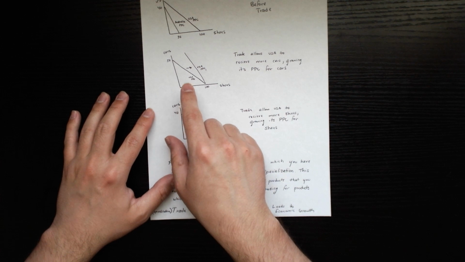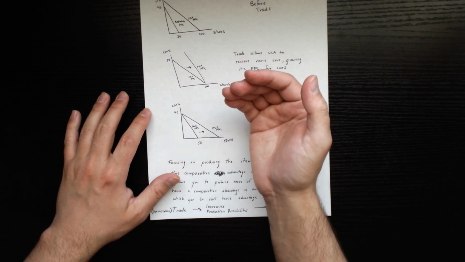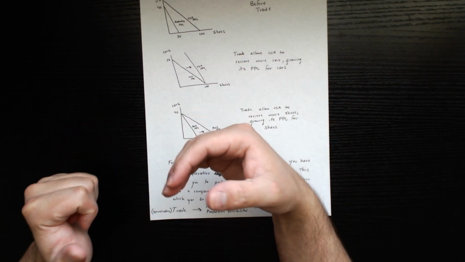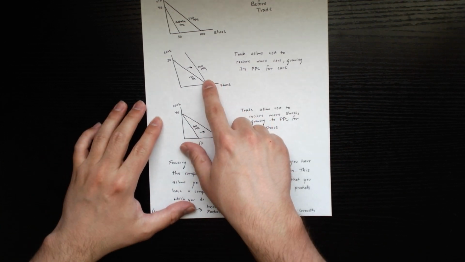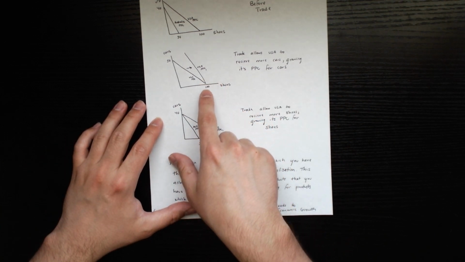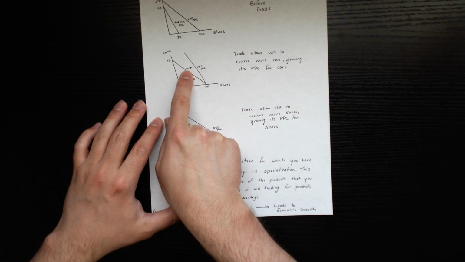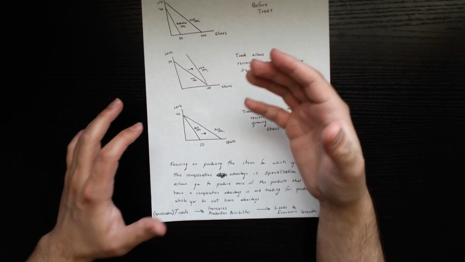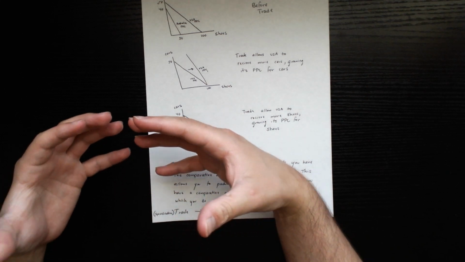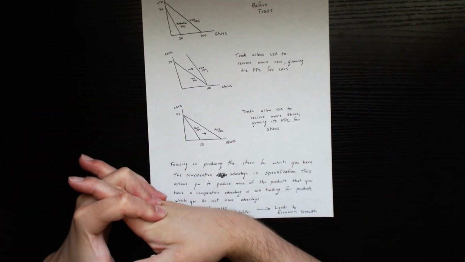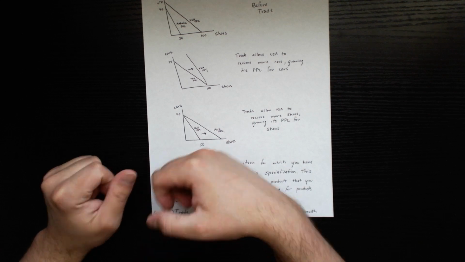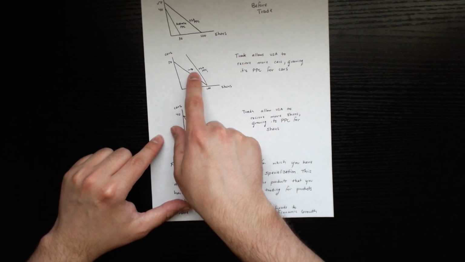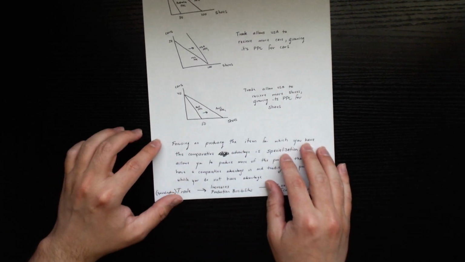Now, if the USA trades, they're going to get more cars from Australia. So the production possibilities curve is going to shift rightwards from the car standpoint because now, since they're able to get cars at a lower cost, since they're getting them from Australia, they're going to be able to have more total cars.